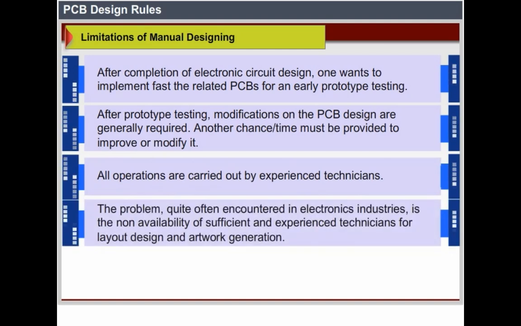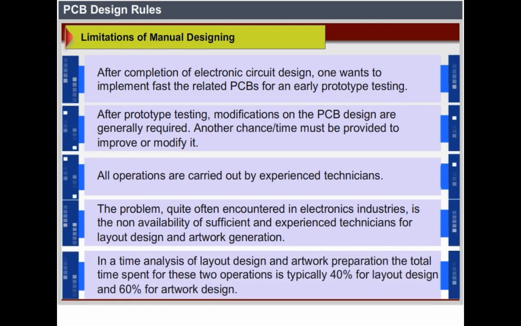The problem quite often encountered in the electronics industry is the non-availability of sufficient and experienced technicians for layout design and artwork generation. In a time analysis of layout design and artwork preparation, the total time spent for these two operations is typically 40% for layout design and 60% for artwork design.